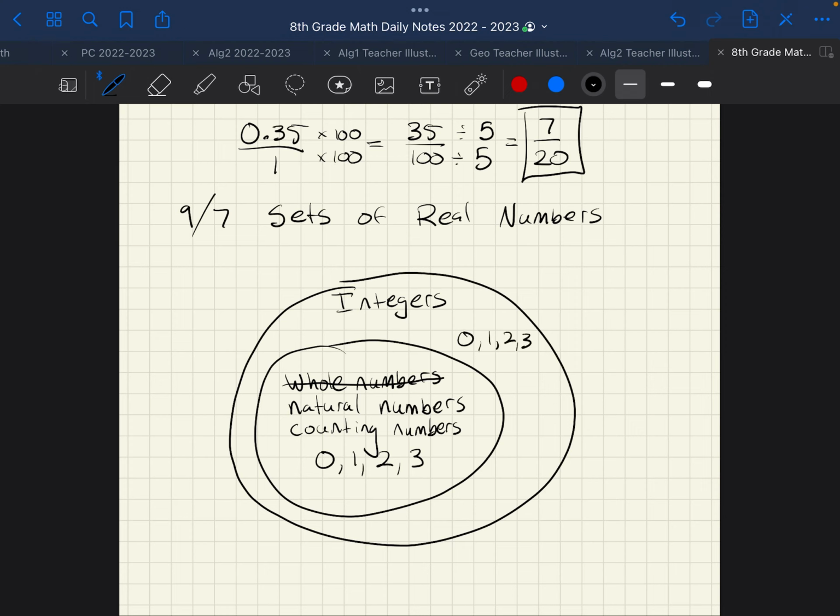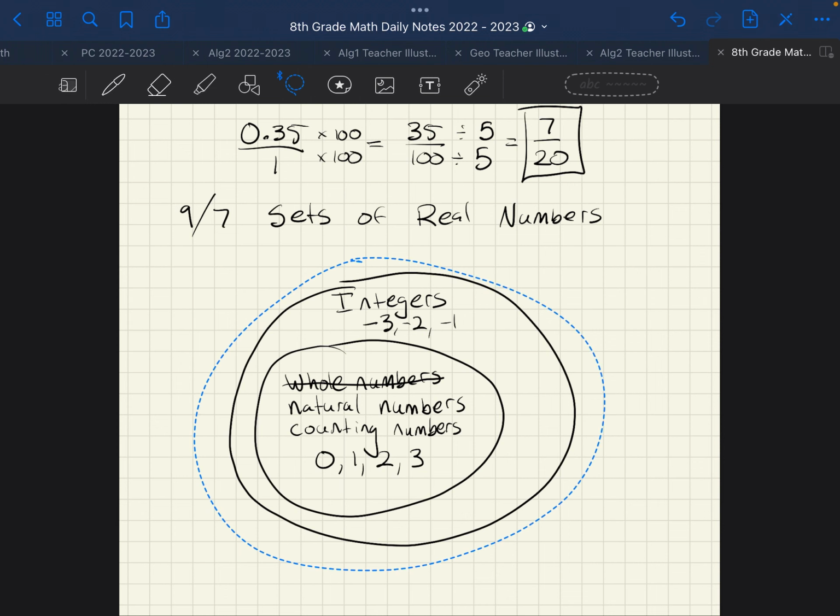I mean, the circle in here is inside of integers, so all of the 0, 1, 2, and 3 is already contained in here, but it also includes even more. It includes negatives. So that's the big thing. It's negative whole numbers. So you can have a -3, a -2, a -1. All of those are now allowed. So it has unlocked the potential to do negatives.